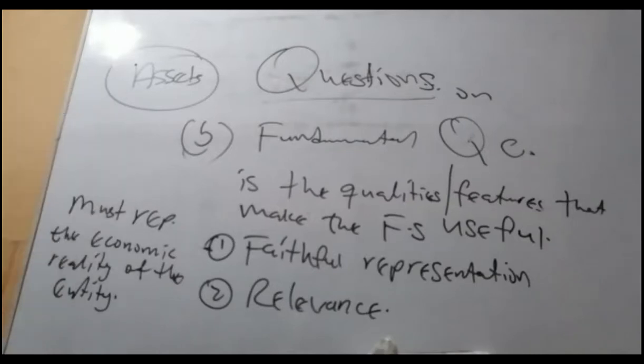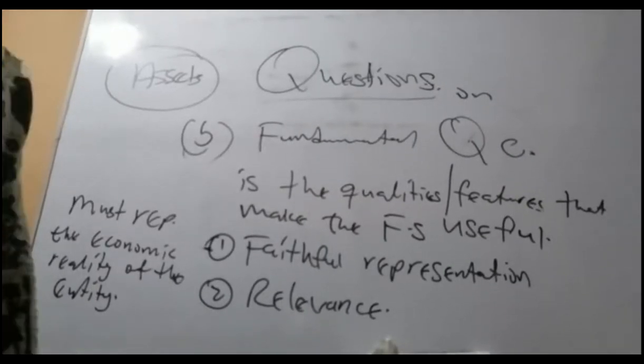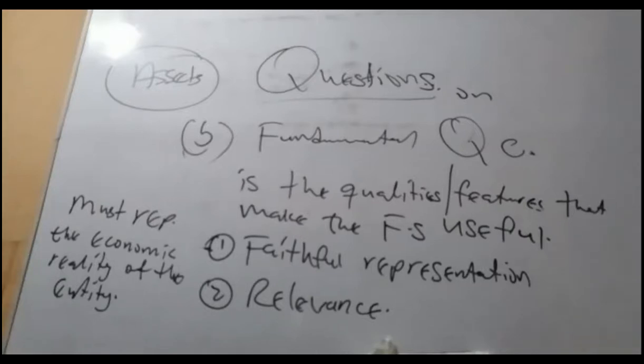So all items stated, or all transactions and events recorded in a financial statement must meet the recognition criteria. Each and every item has recognition criteria, so before you record that item in the books, it must meet that criteria.